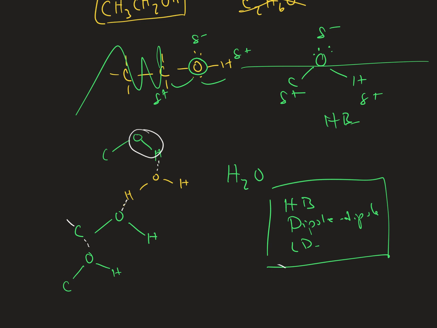But then you have all these other hydrogens. Could you have another, something over here, let's say, another carbon, oxygen, hydrogen here? Oh, we could have another interaction right there. That's the London dispersion force.